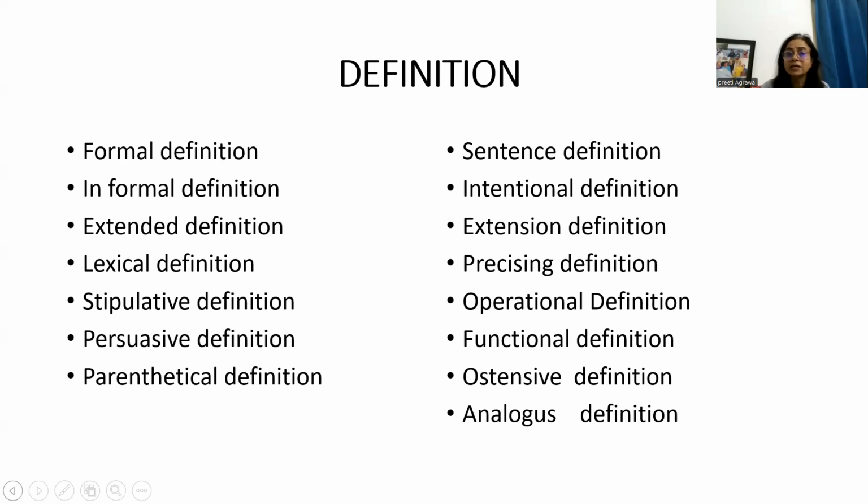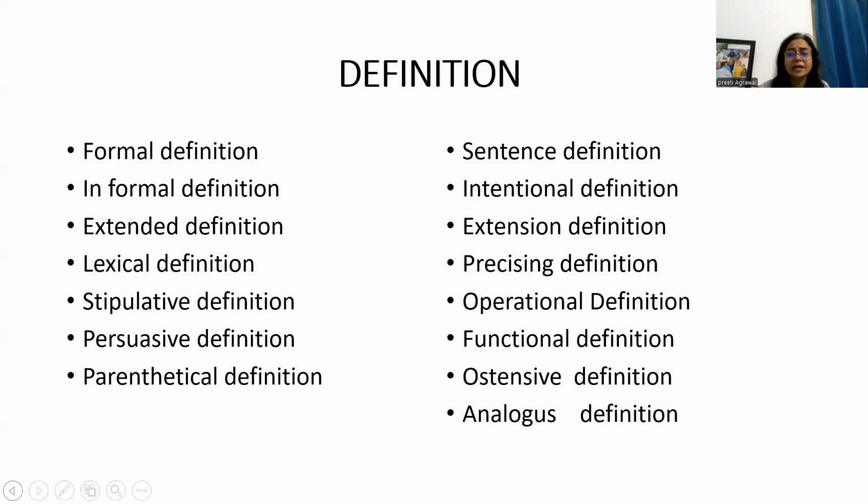Whenever we are defining some terms in the form of a sentence, that becomes a sentence definition. Intentional: whenever we are explaining something with some intention. Extension: we are extending something, a list of the objects that define something. Precise definition: precisely we are explaining something.